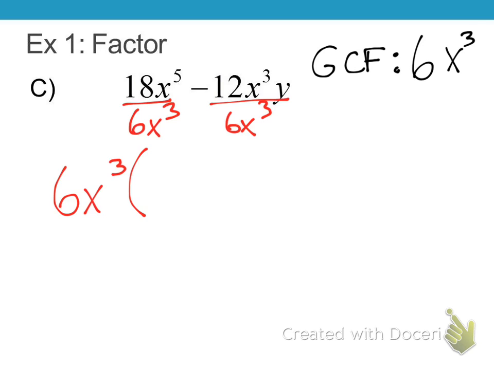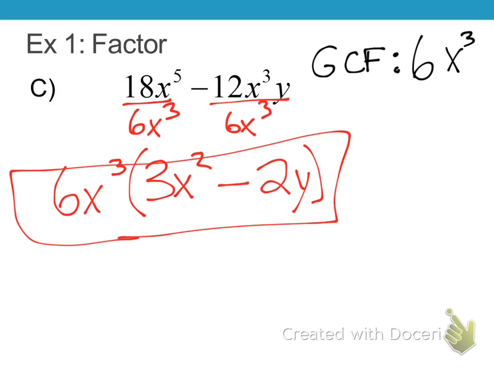What do I get in the first one? 3x to the second minus 2y. Good. X to the third divided by x to the third is just 1. So it's kind of like 2 times 1 times y. And there we are. What are your questions?